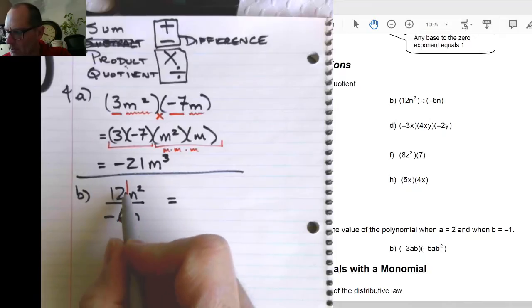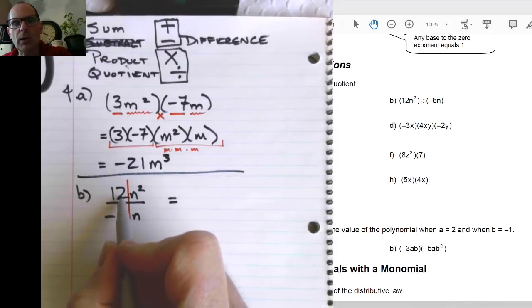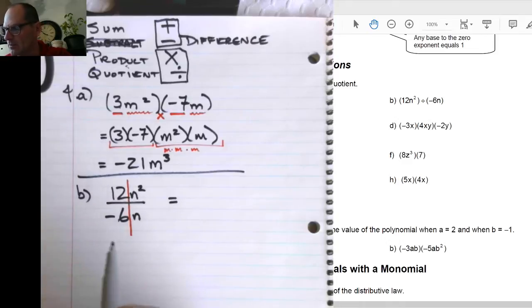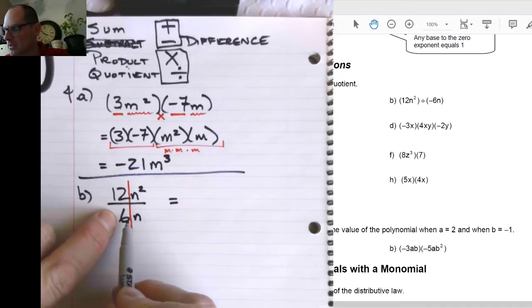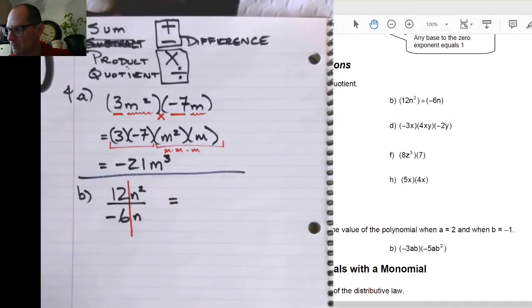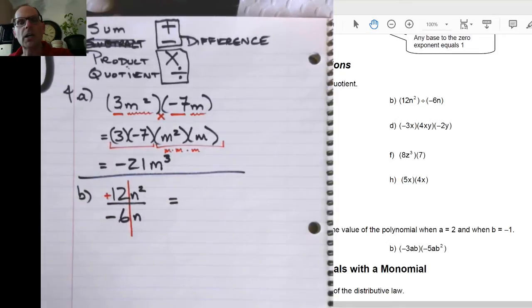The number portion here, the coefficient portion, I'm going to worry about now. So this is 12 divided by negative 6. Don't even worry about the negative sign for right now. 12 divided by 6, that's just 2. But this is a positive 12, even though there's no plus sign there, we assume that to be positive.